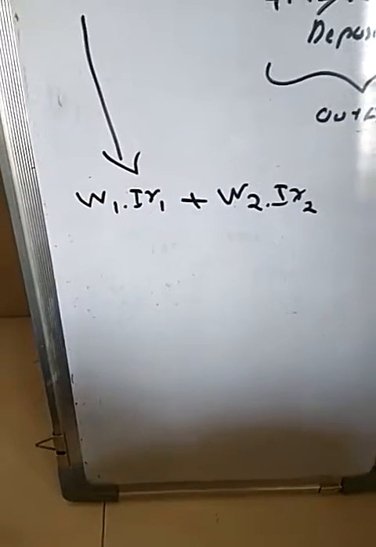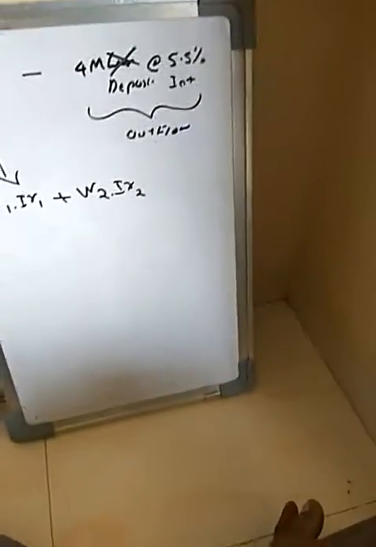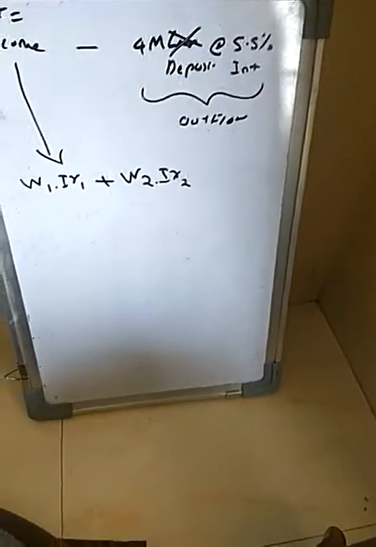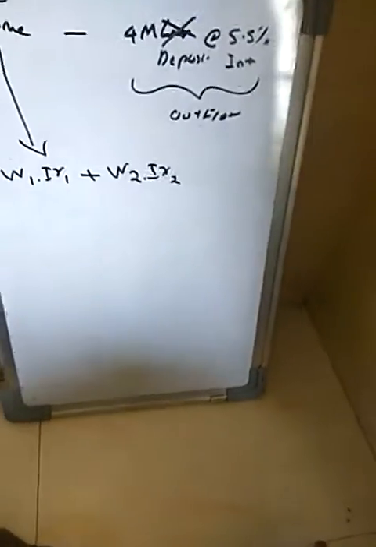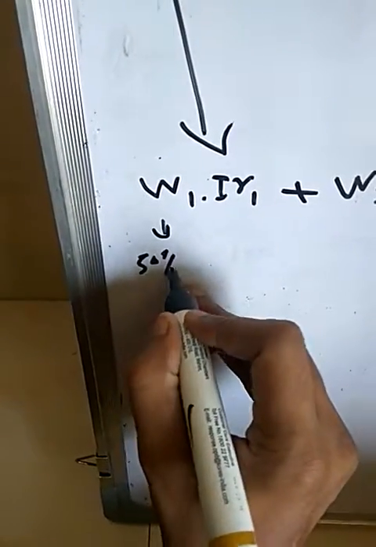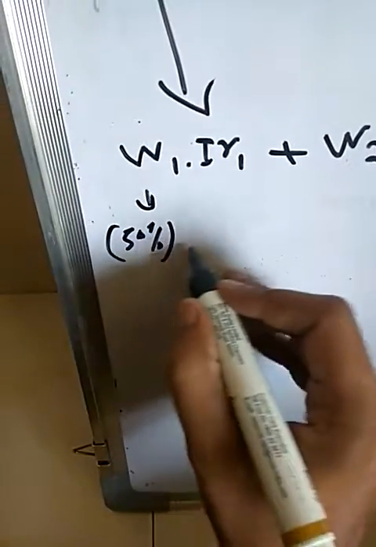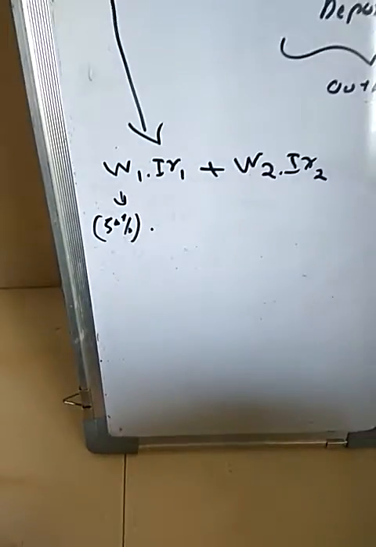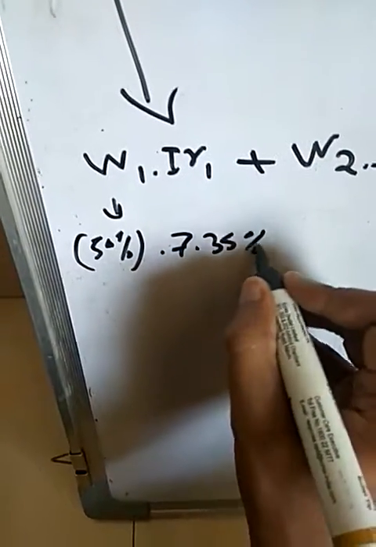In the question it is given that the bank lends 50% of the assets to domestic customers at an average loan rate of 7.35. So 50% is the weight at an average loan rate of 7.35 percent.